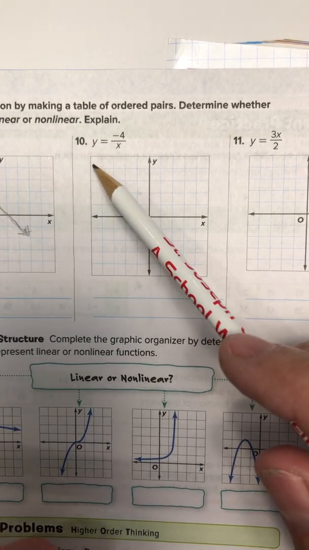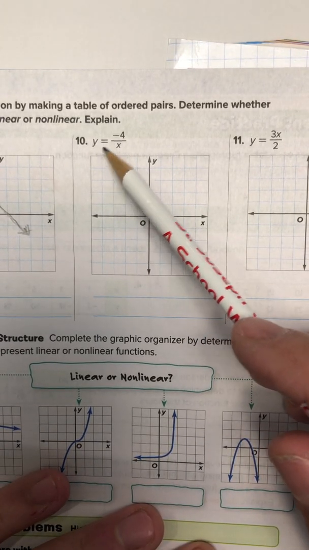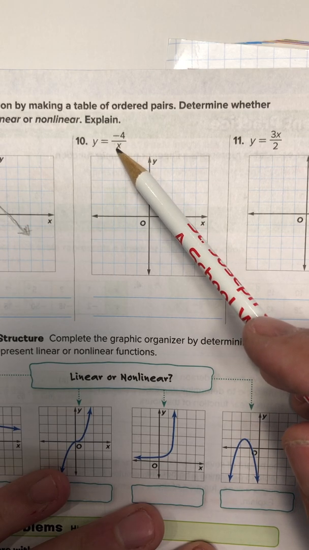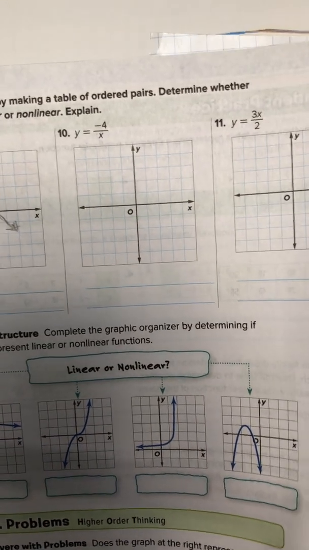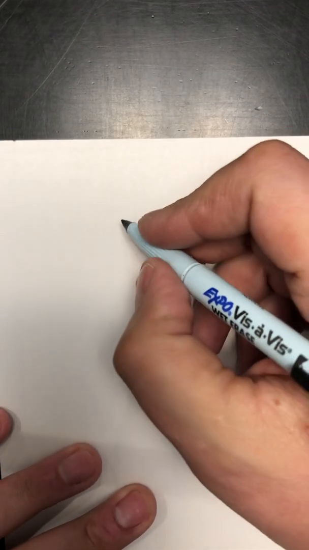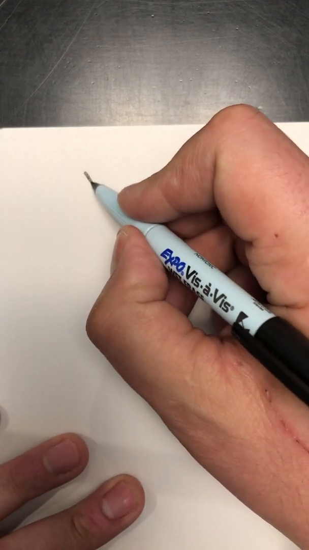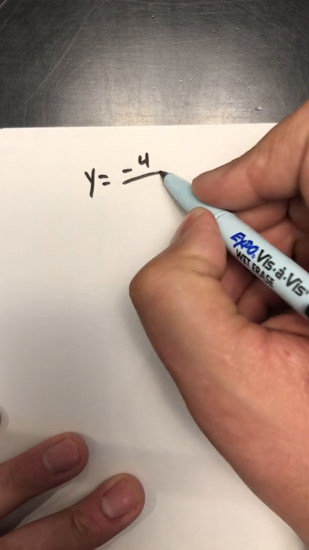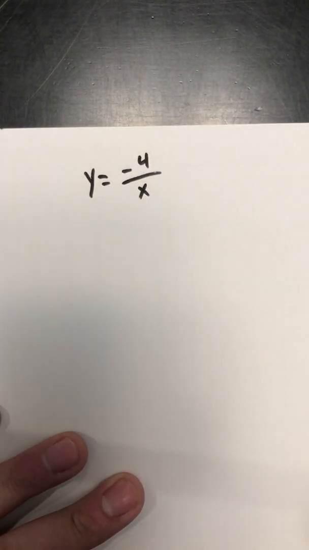But let's look at number 10. Y is equal to negative 4 divided by x. I'm going to get out a separate piece of paper and I'm going to do what I said I was going to do for the first one, or what you could do for the first one. That's make a table. So I'm going to start with the actual equation, which is y is equal to negative 4 divided by x.